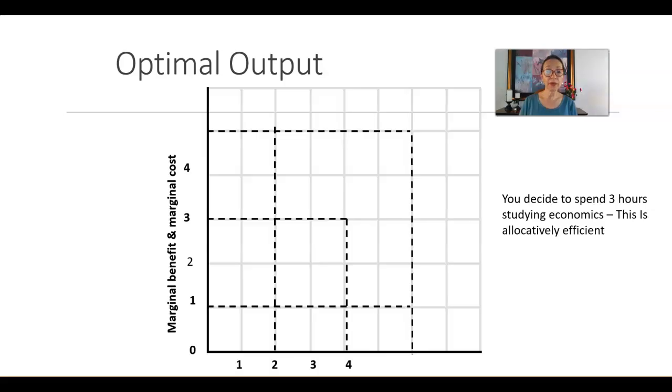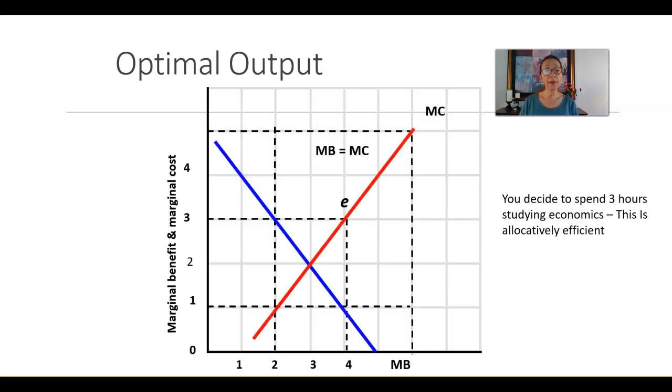So how are we going to figure this out? Well, now we have to figure out something called marginal benefit and marginal cost. That should sound familiar. If I told you that you are going to have an economics exam tomorrow, where would you allocate your resources?